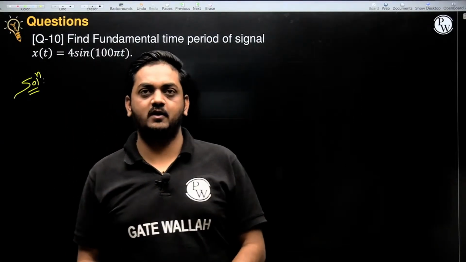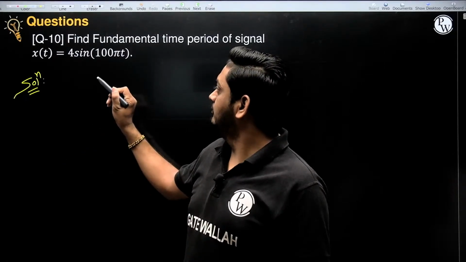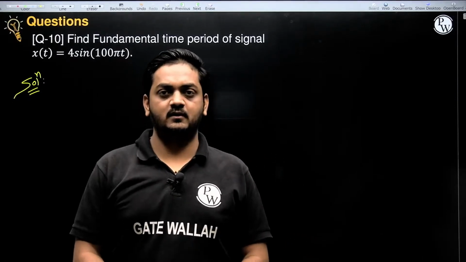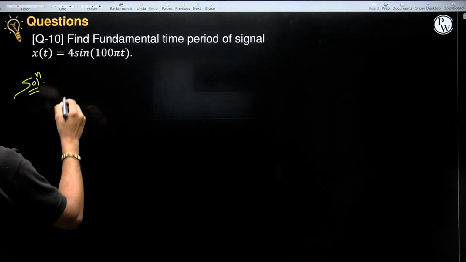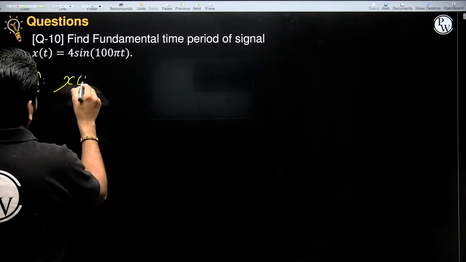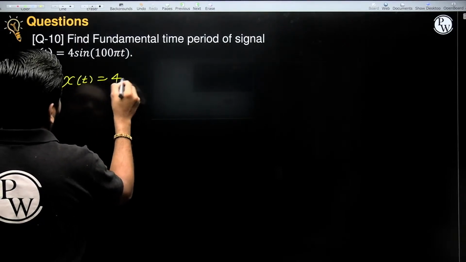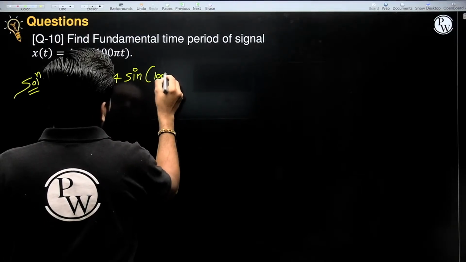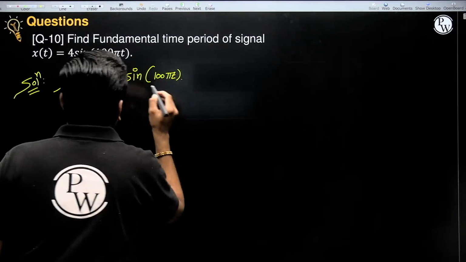Now see question number 10. Find the fundamental frequency of this sinusoidal function. So x of t equal to 4 sin 100 pi t.